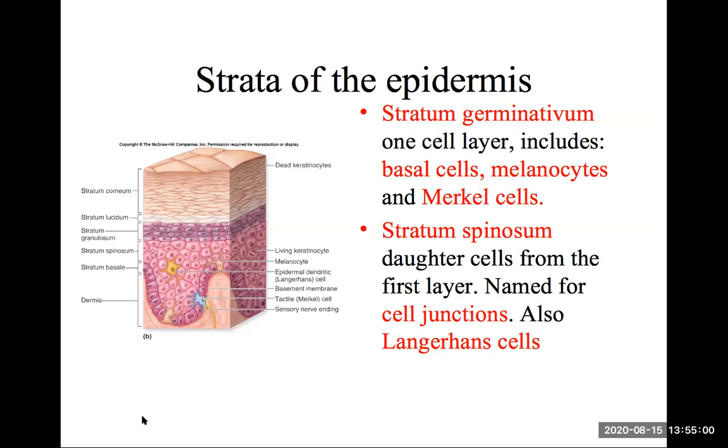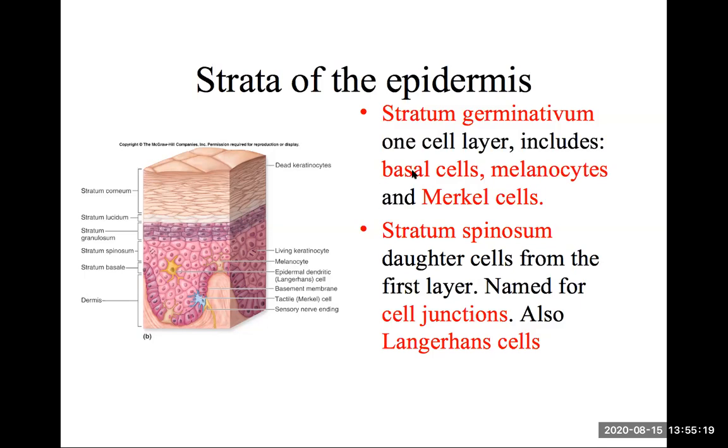It is a one cell layer thick layer, here, tissue, and it sits on the basement membrane, and it is very rich in stem cells. These particular stem cells are called basal cells. Okay, so these are the stem cells of the epidermis.